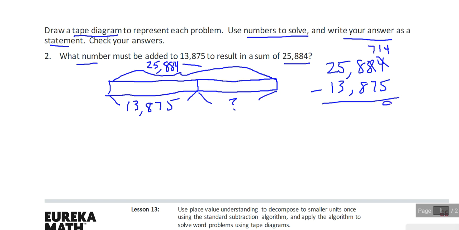So now we have 9 is 0, 0. 2, we have 12,009. So our answer, which has to be in a sentence form, we're going to answer it as 12,009 must be added to 13,875 to result in a sum of 25,884.